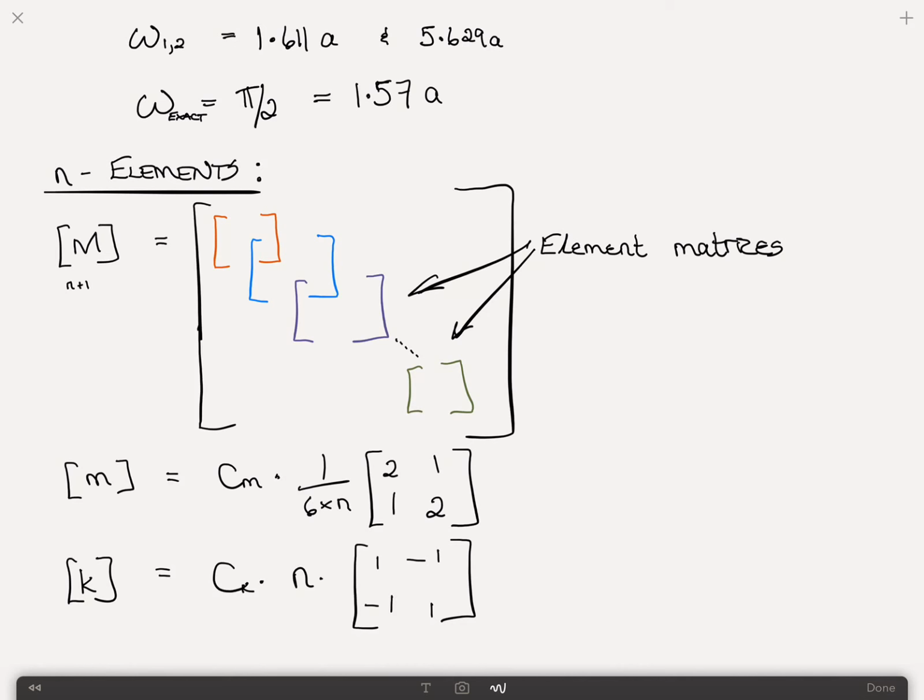And we've also discussed that what we then do, I'll do it here so it's all on the same page, is we take the determinant of K minus omega squared M, and a reminder that you first got to eliminate those degrees of freedom that are fixed.